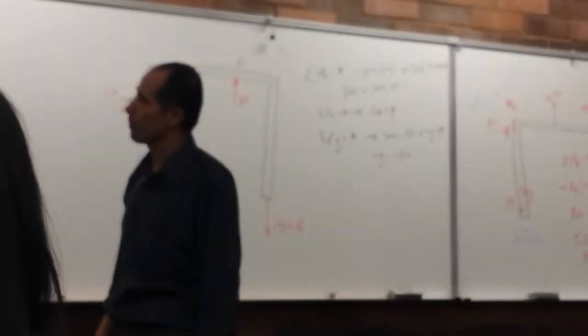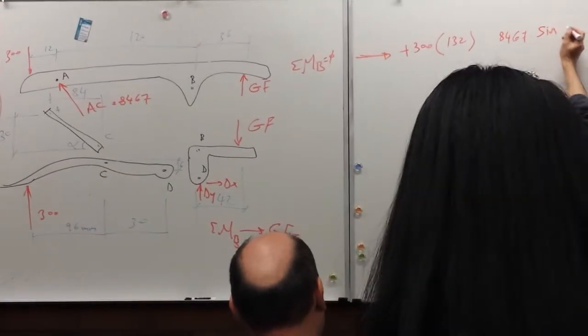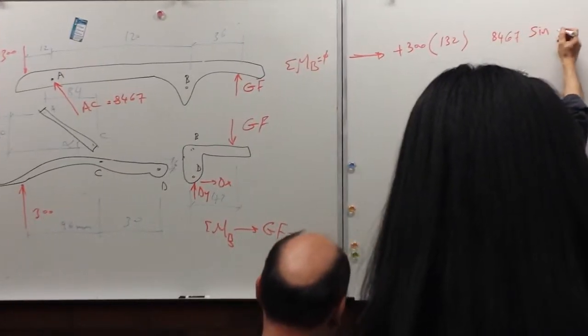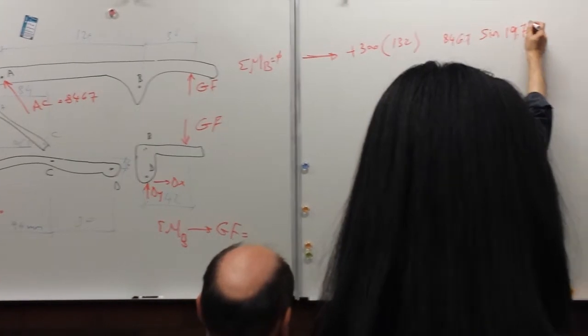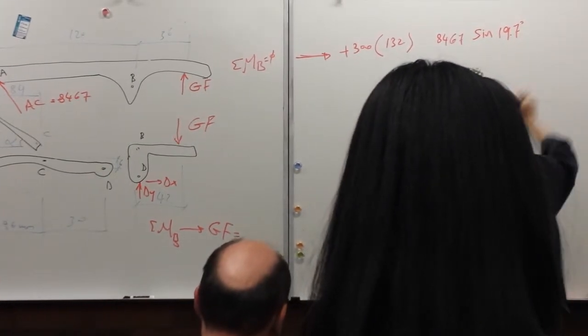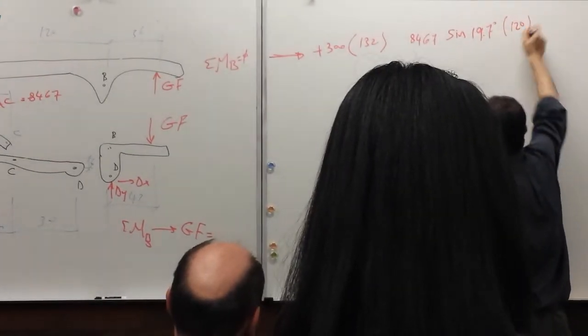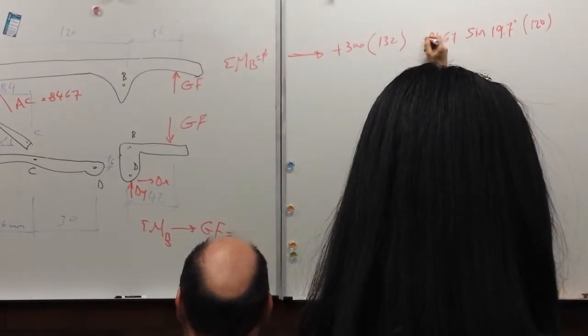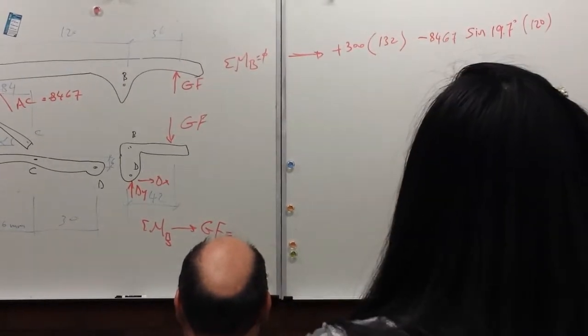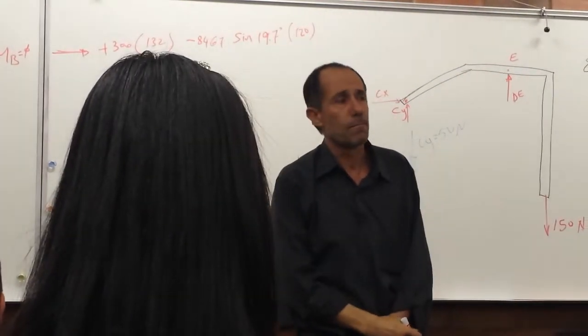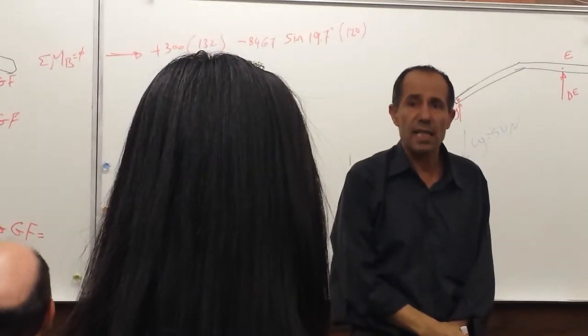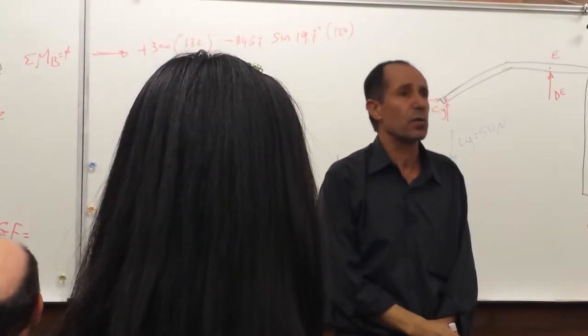This one, sine of the angle, 19.7. 120 is positive, negative? Negative. What else? What about this 8, 4, 6, 7 cosine of the angle? It's on the same line as B. It's going to be on the same line. It's not going to produce any moment, correct?